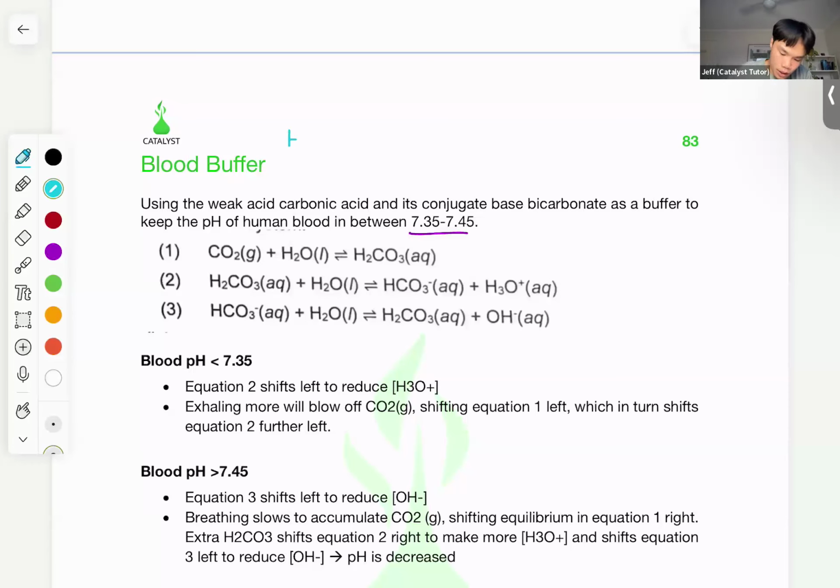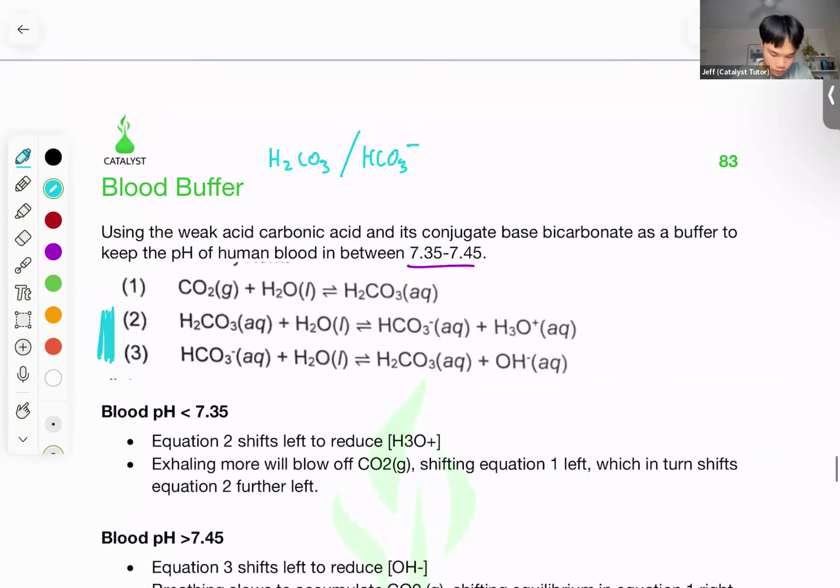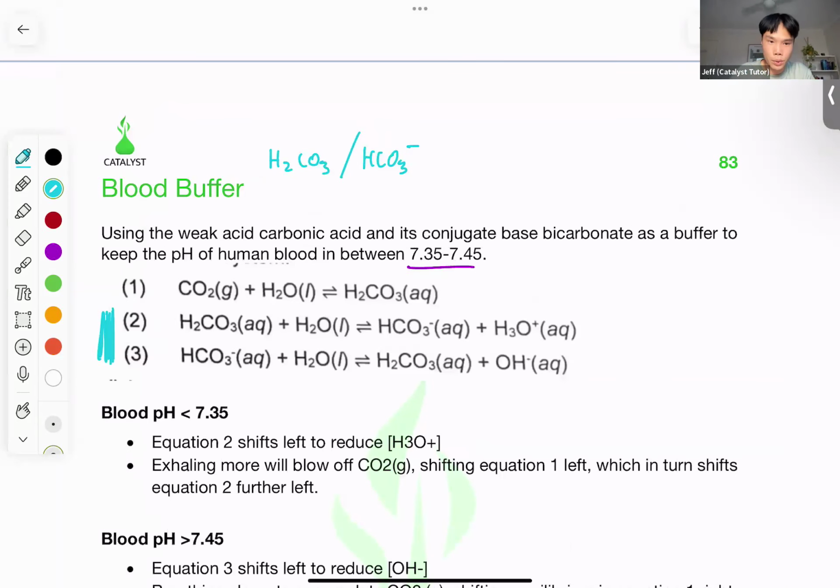So the buffer itself in blood is H2CO3 and HCO3 minus. And any buffer is defined by a conjugate pair of a weak acid and a weak base. The two equations that are essential are these two. And for any buffer, you can represent them in pairs, as shown here, where you react either part with water to form hydronium or hydroxide. Okay.